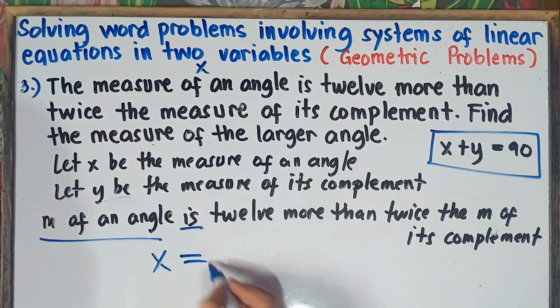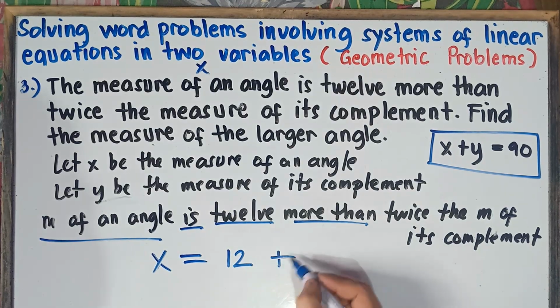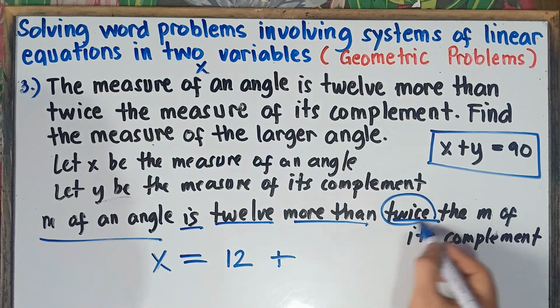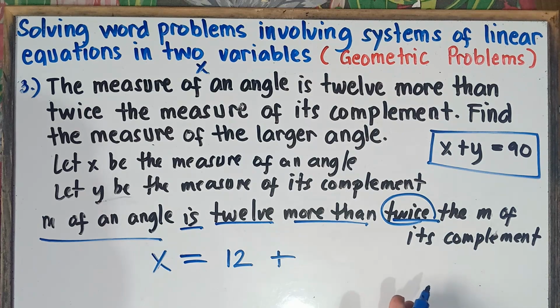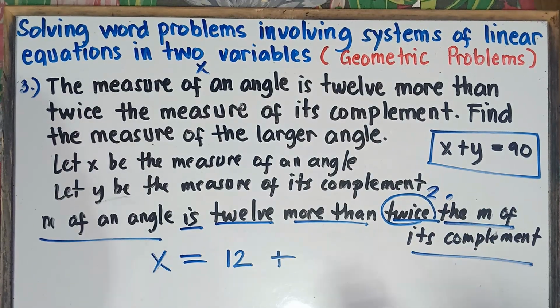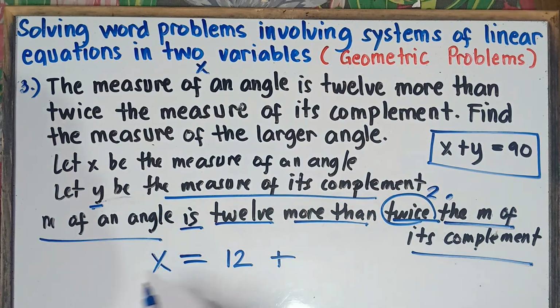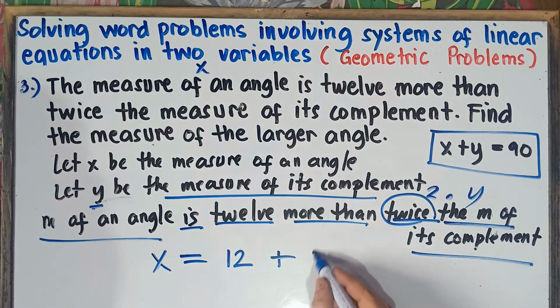Is, that would be the equal sign. 12, that would be the number 12. More than, that would be the plus sign. Twice, class, if you have this word twice, it means 2 times. So 2 times the measure of its complement. We represent the measure of its complement with y. So 2 times y, that would be 2y.